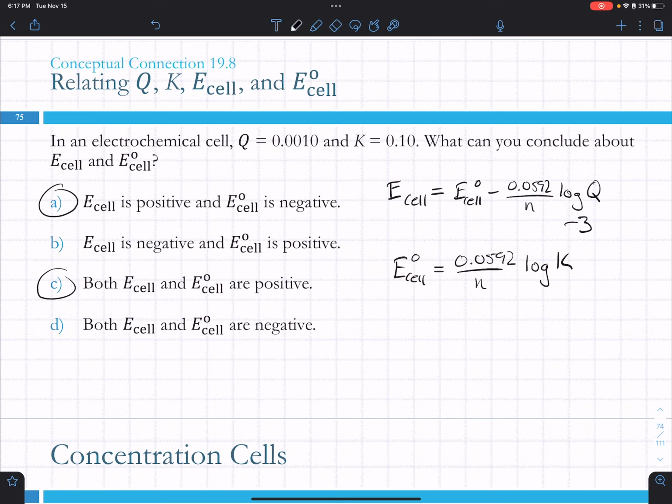Negative. If you plug in any number less than 1, it'll be a negative number. So E cell has to be positive, E cell at standard conditions has to be negative. So this is also a situation where we can have positive E cell, which means that it's spontaneous, even though under standard conditions, it would be non-spontaneous.